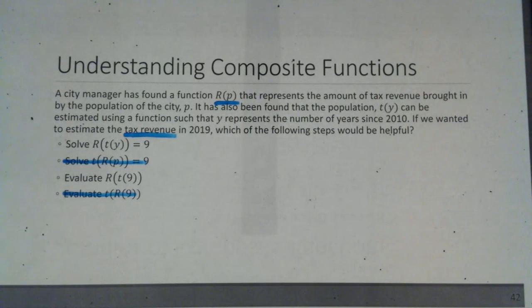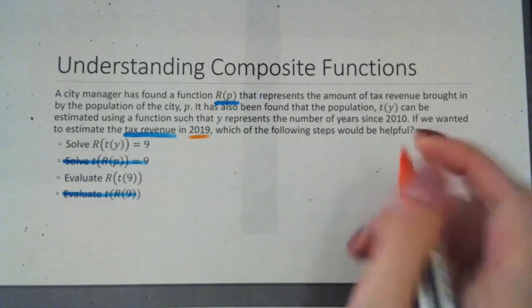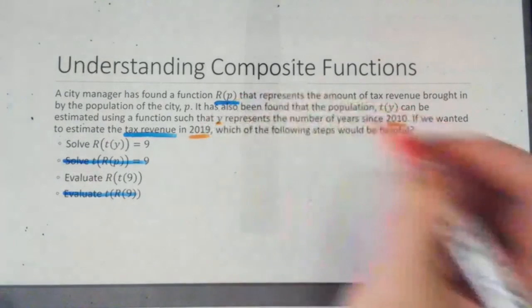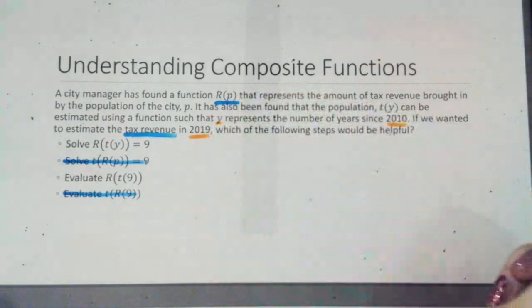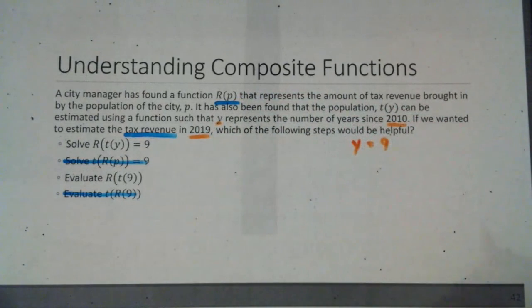So I need to figure out if I want to solve or evaluate. I'm trying to estimate the tax revenue in 2019, which is 9 years after 2010. Y represents the number of years since 2010. So y is going to be equal to 9. This function t of y gives us the population.